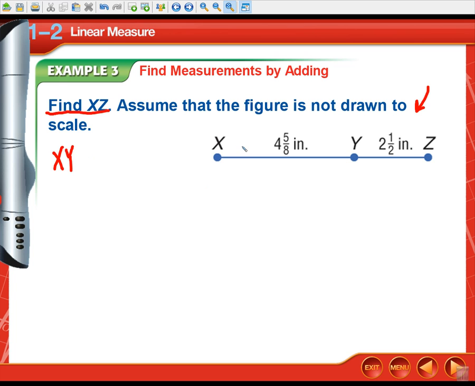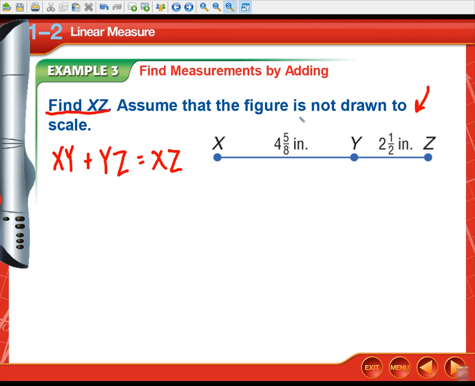If I take XY plus YZ, then I can see how this is equal to the full thing XZ. Okay, XY plus YZ is equal to the full segment XZ, which is really good. I'm glad we got this so far.